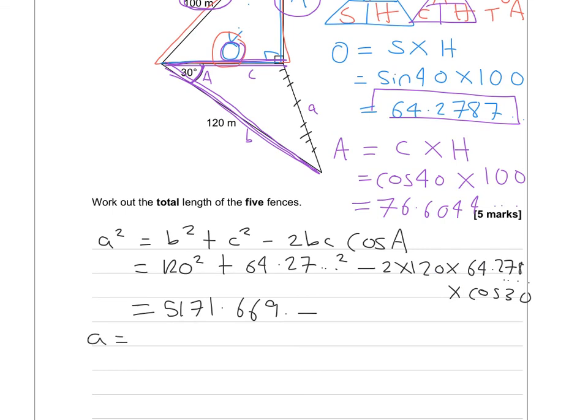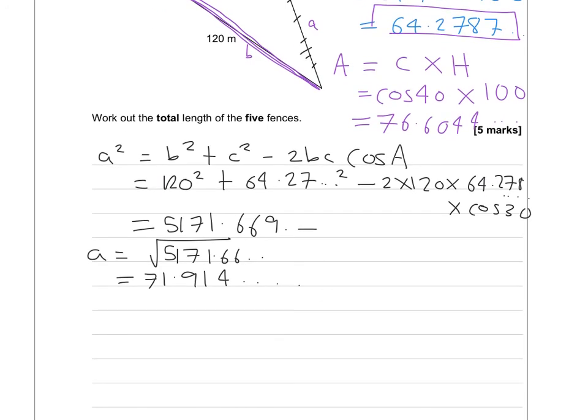And a is then the square root of this number, which is 71.914... We do not round any of these values until the end.